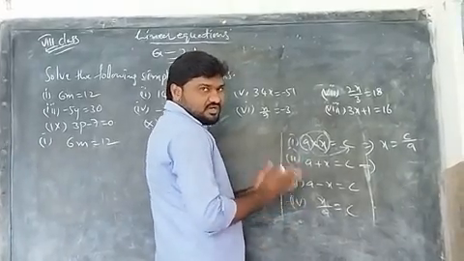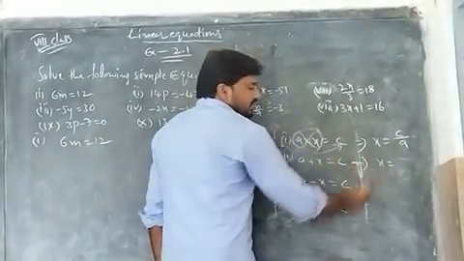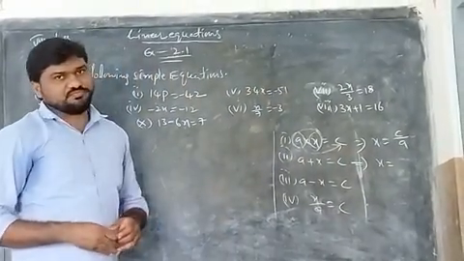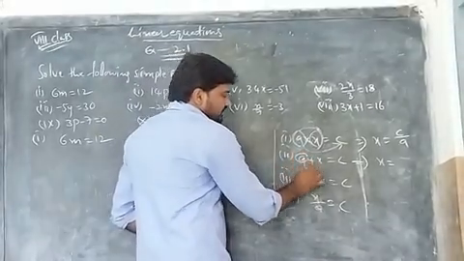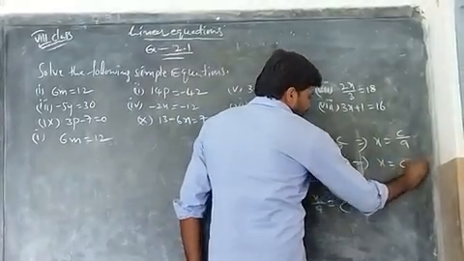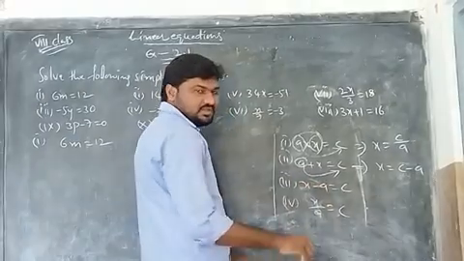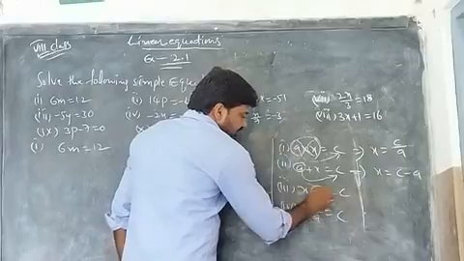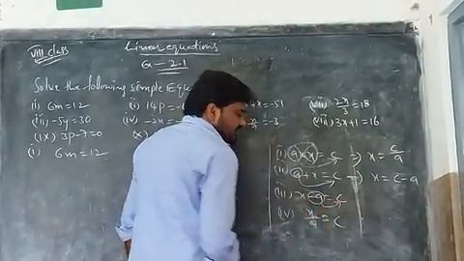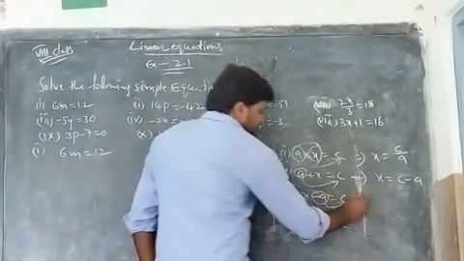When we translate one value to the right side, the value will become negative. Here a positive value translated to the right side will be negative. Similarly, x minus a is a negative term. When we translate a negative term from the left side to the right side, the value will change.